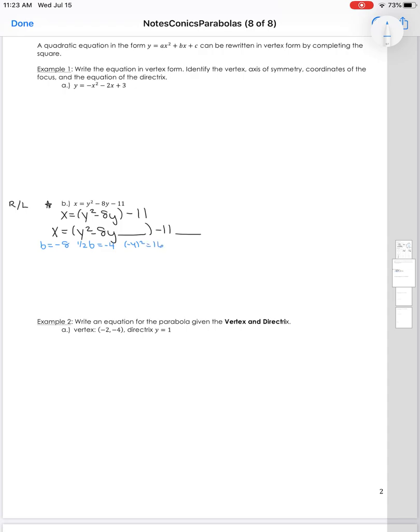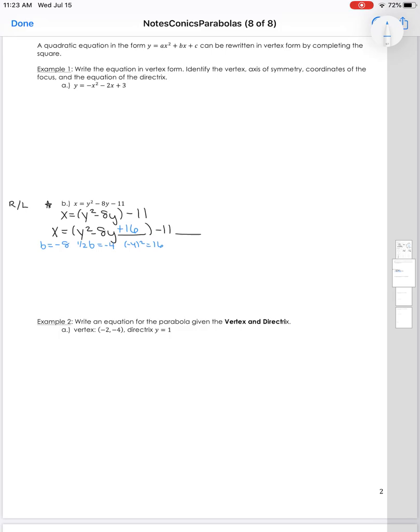So when we completed the square, if we recall, we need the b value, which comes in front of the y, which is -8. Half of b would then be -4. And then -4 squared would be 16. And that number we're going to add inside.